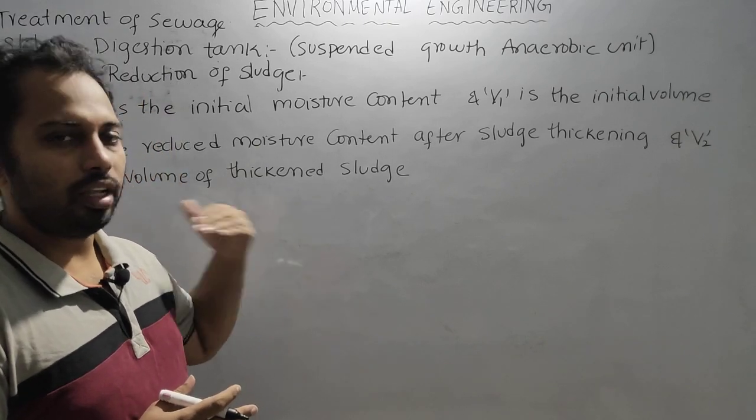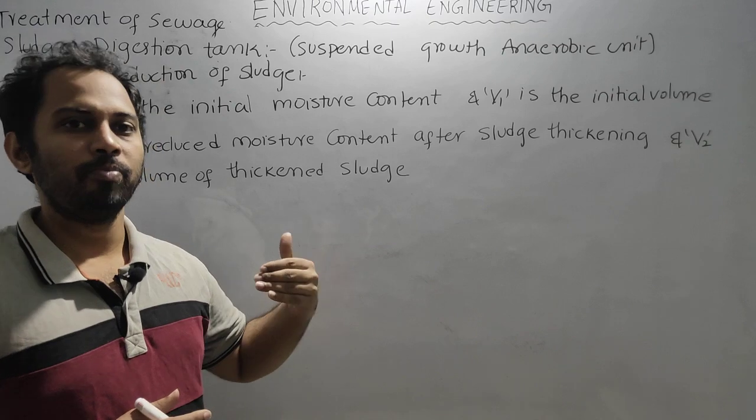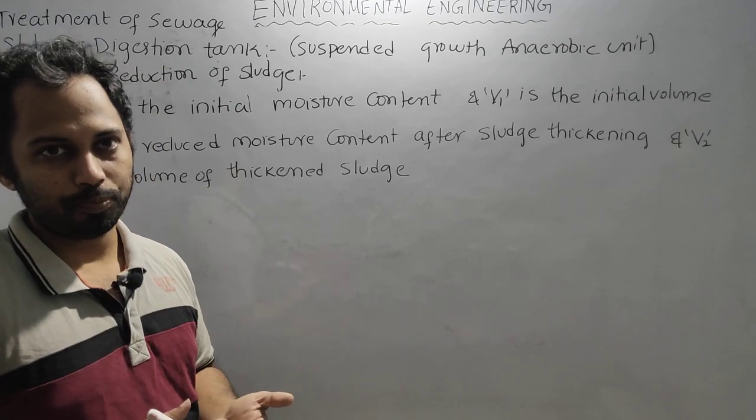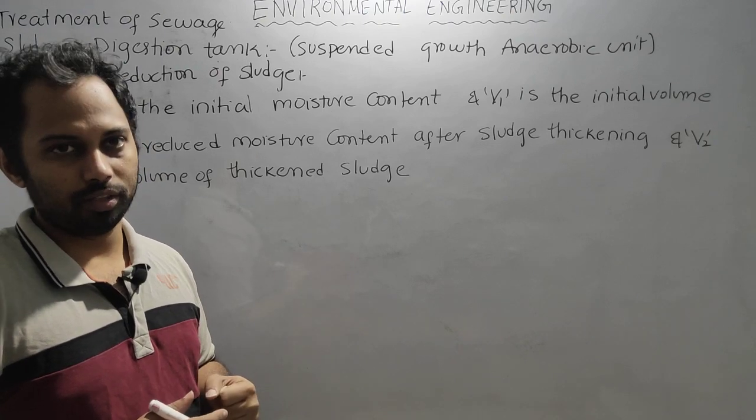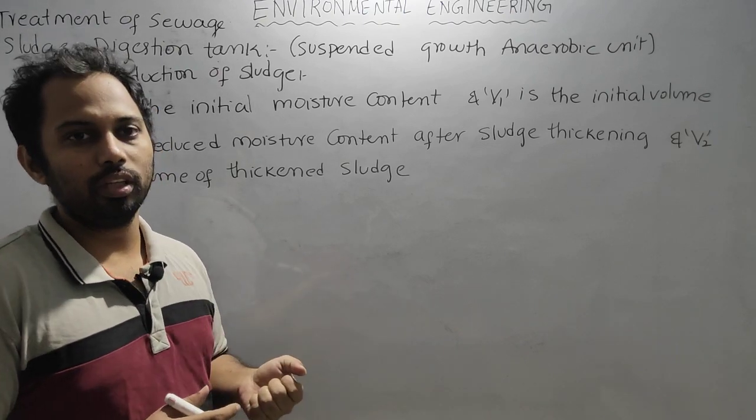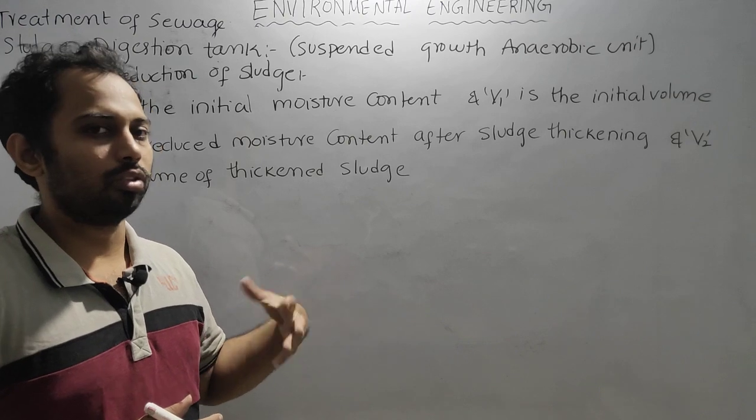The role of the sludge thickener is to reduce the volume of the sludge, whereas the role of the sludge digester is to reduce the concentration of the solids inside the sludge.